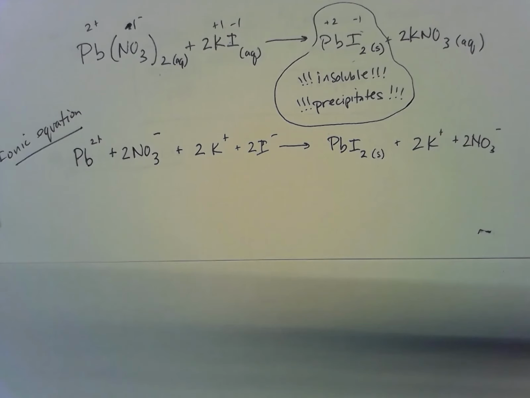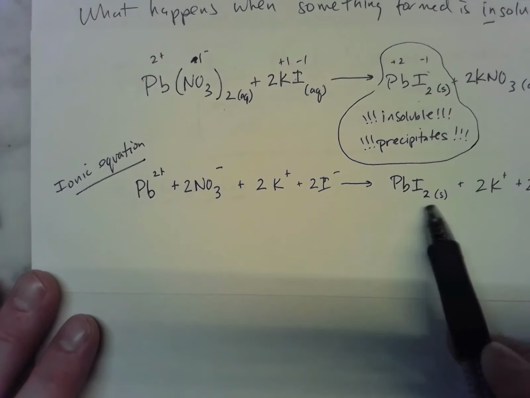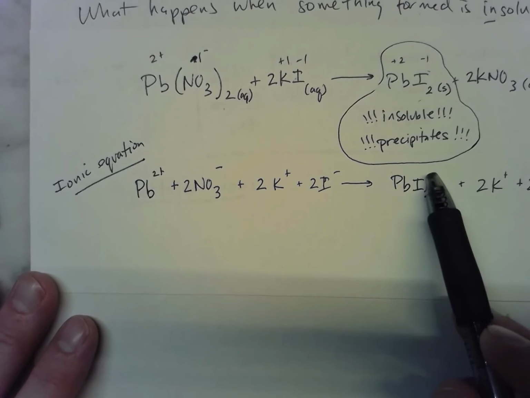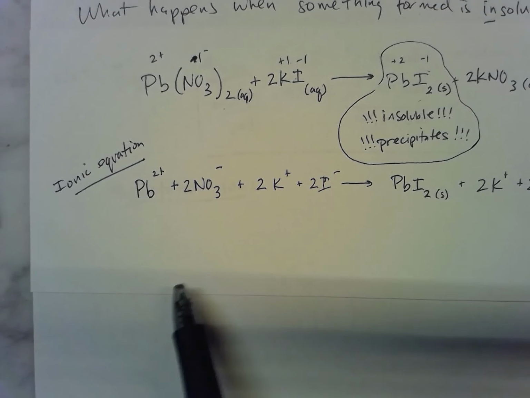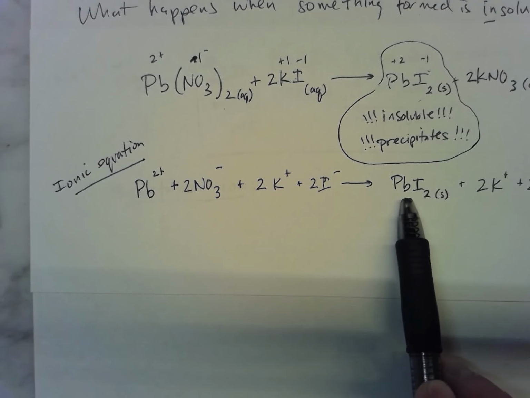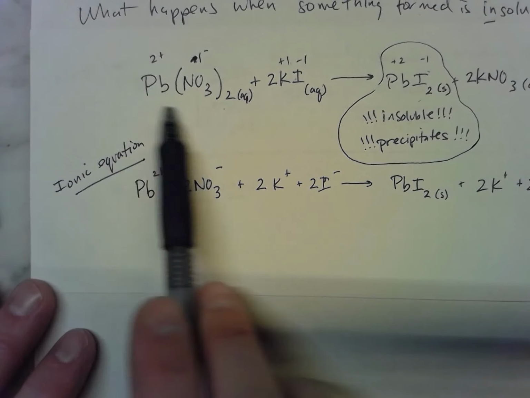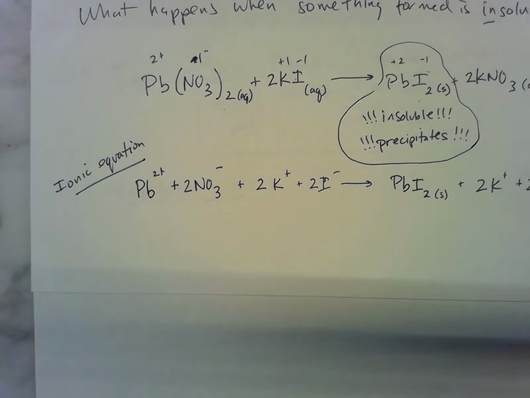Okay, so if our goal was to make this, we've got to get that iodine into solution as an iodide, as an ion. And we've got to get that lead into solution. If I just took a chunk of lead and threw it in water, it's not going to do anything. So I've got to make a compound out of it, something that will dissolve and get those lead ions into the water.